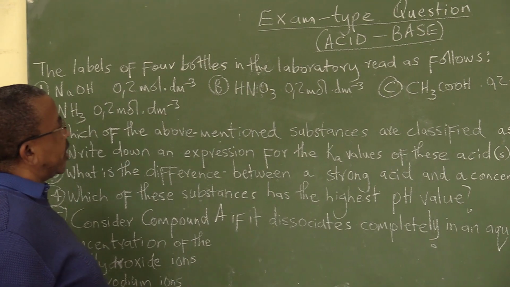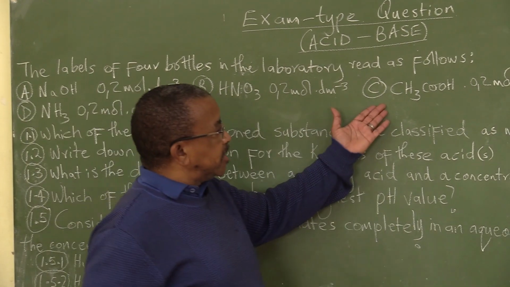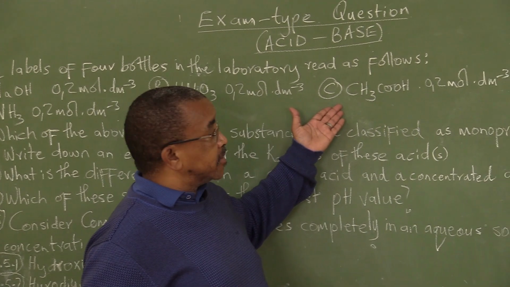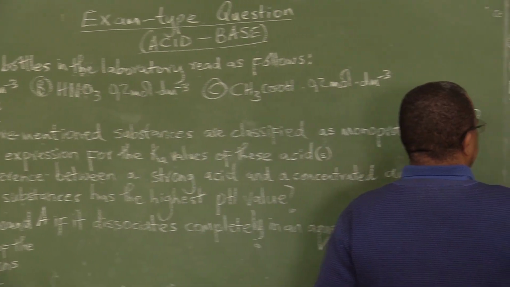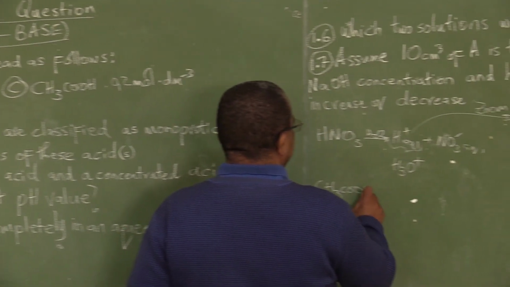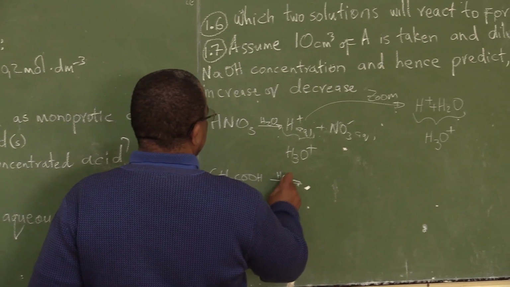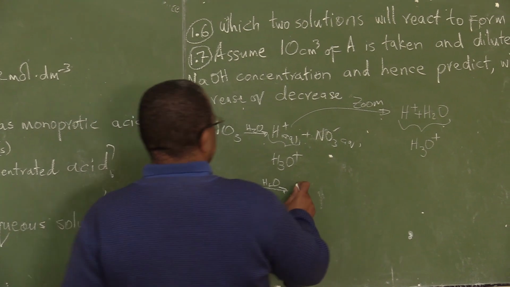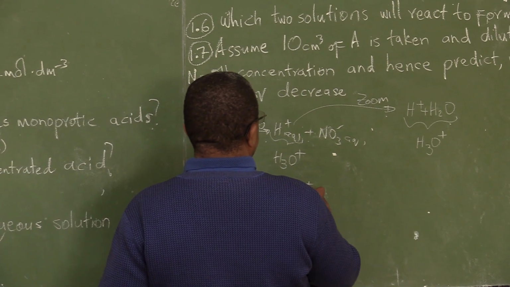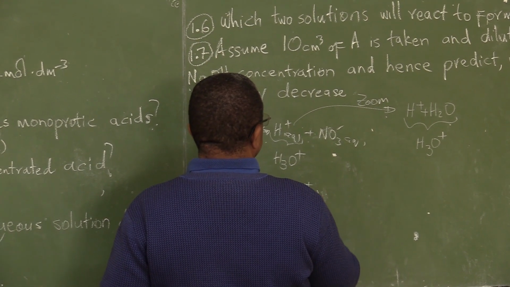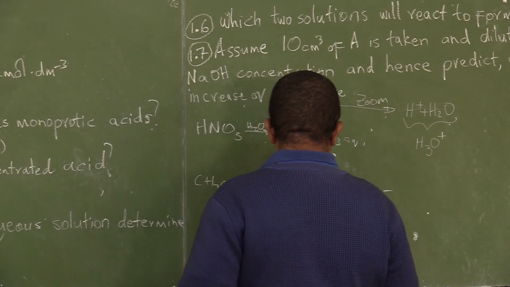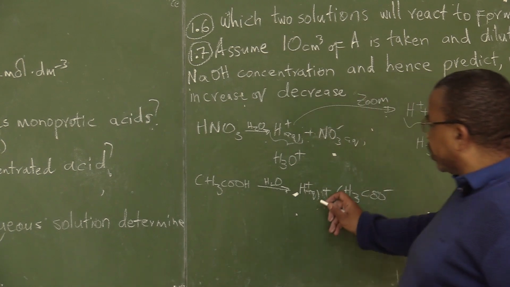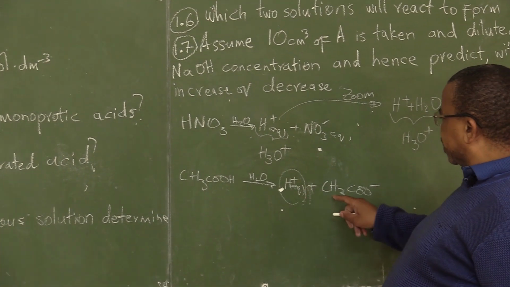Right. What about number C? Number C is also monoprotic. Why? We said before, CH3COOH in water will also give us H plus aqueous and CH3COO minus. So it can only donate one hydrogen, not these.